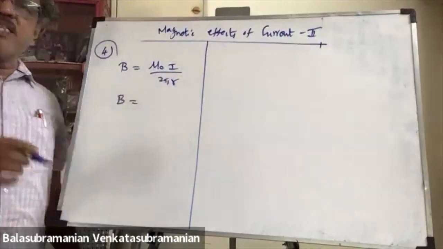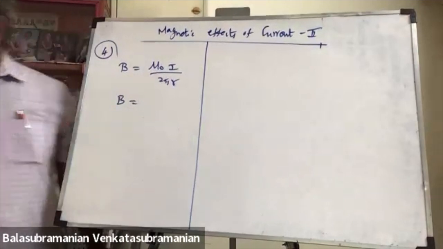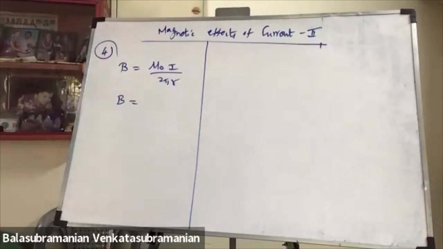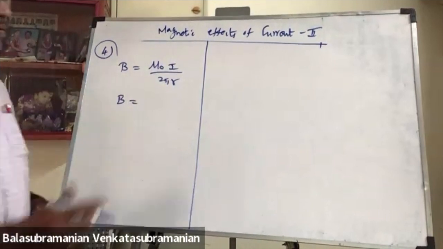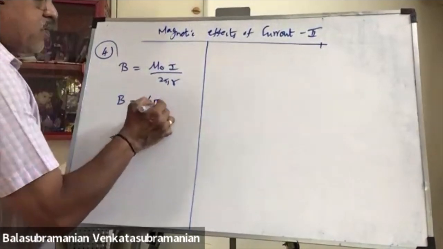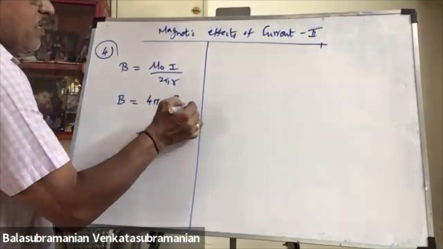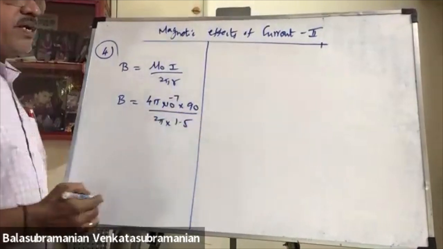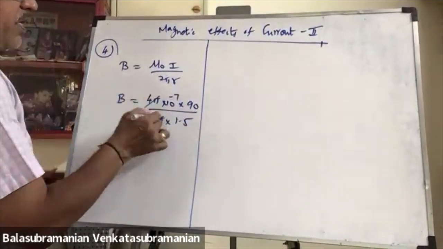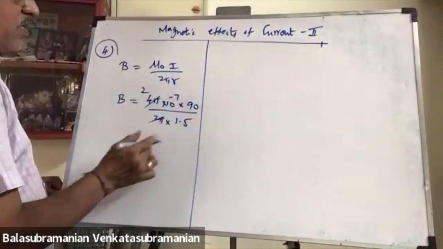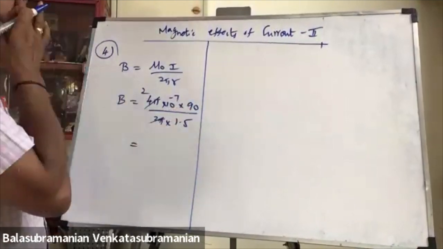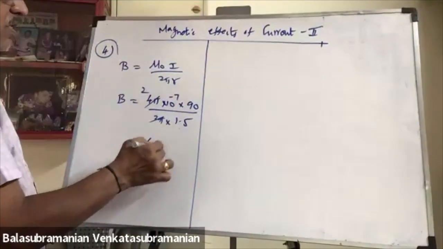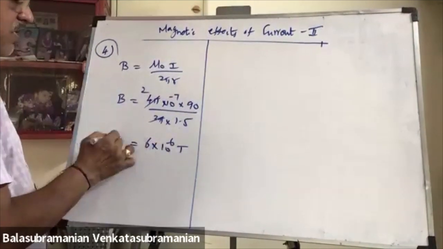So let us calculate the magnitude. Current given here is 90 ampere, 1.5 meter below. 4 pi into 10 power minus 7, 90, by 2 pi into 15 into 10 power minus 1. 15 and 90 is 6 times. 10 power minus 6 Tesla.